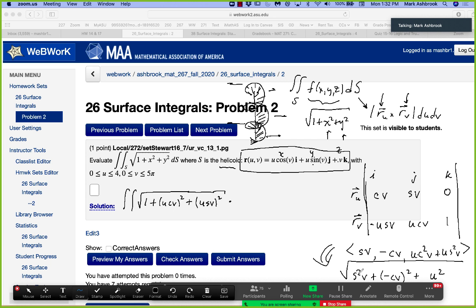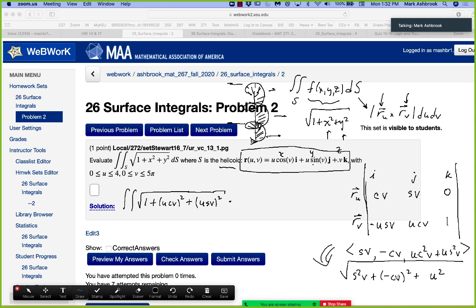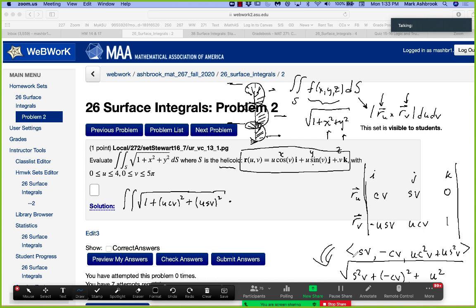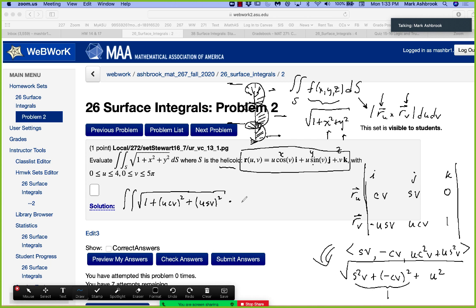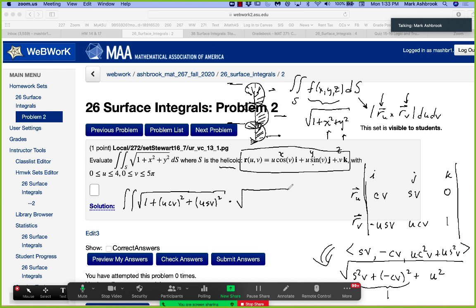And then sine squared plus negative cosine squared is going to equal 1. So the magnitude of that cross product is going to be the square root of 1 plus u squared.